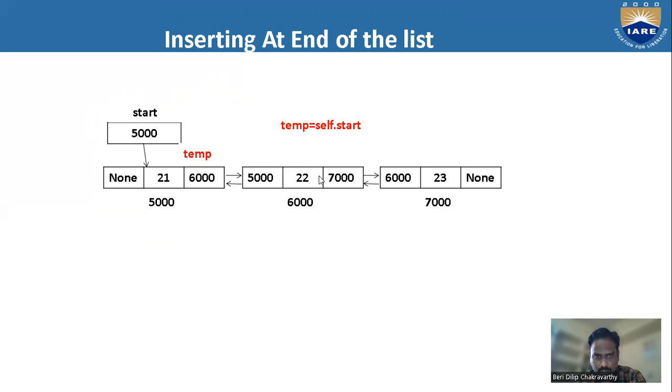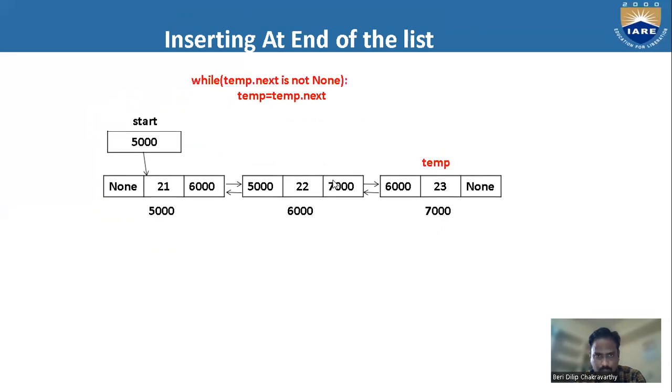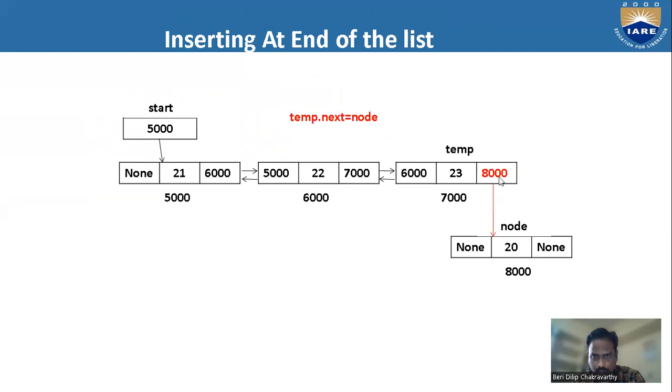My temp comes here. There I will check. Then my temp comes here, and here I got none. So that means this is my last node. As I have seen, temp's next node is none. So I need to give the link to this node. Observe here, I have taken a new node. That address is placed here, 8000.